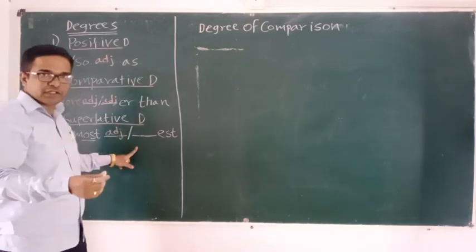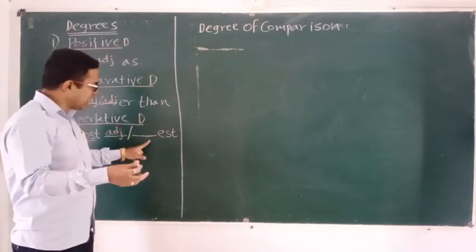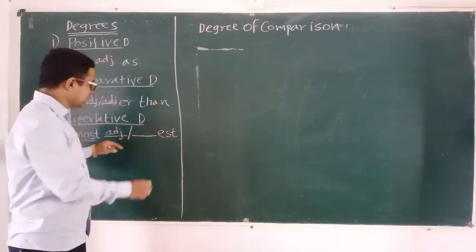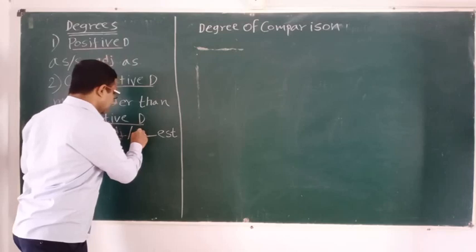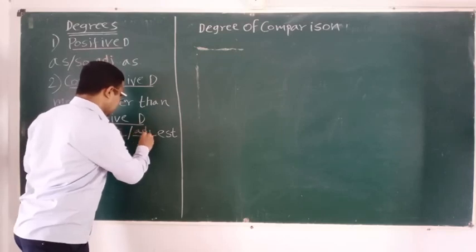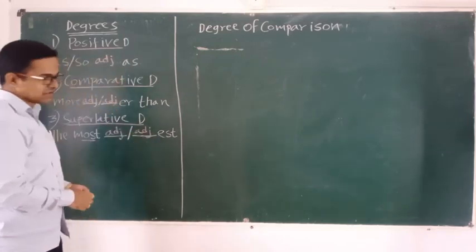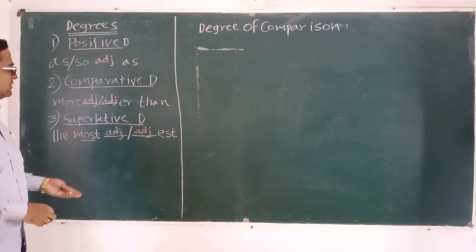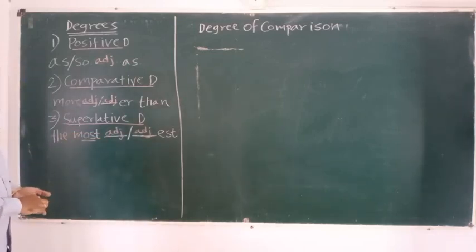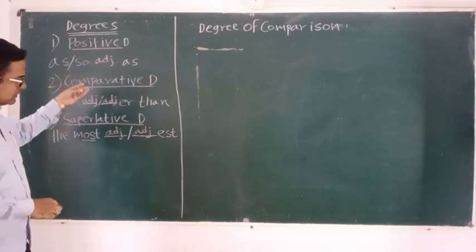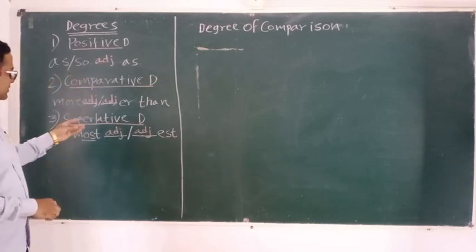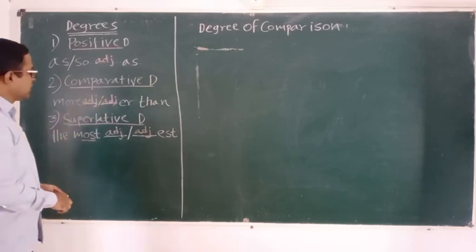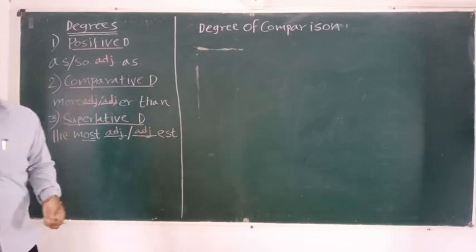And if the adjective carries the suffix est form, then we have to use adjective plus est. So in this way we have to use the structure of the three degrees while solving the sentences.